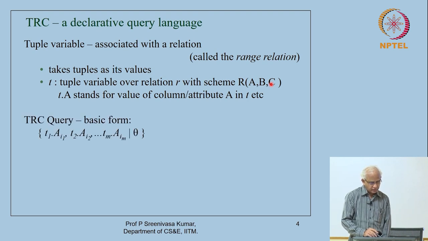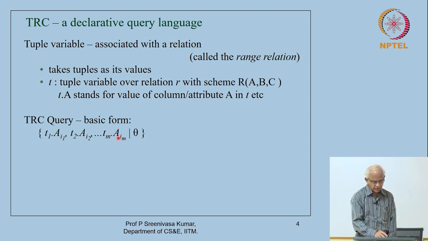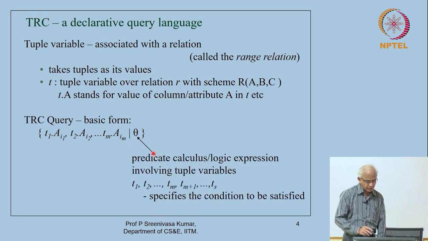The basic form of the tuple relational calculus query is simple. It has a bunch of these tuple variables, and from each of these tuple variables we pick up a value to be reported as a result. That is what is given here, and we put a vertical bar and give a condition. This theta is the query condition. This is actually the crucial part of the whole query.